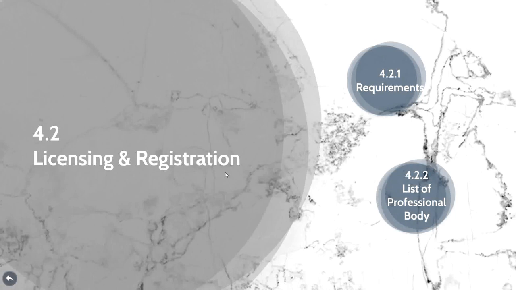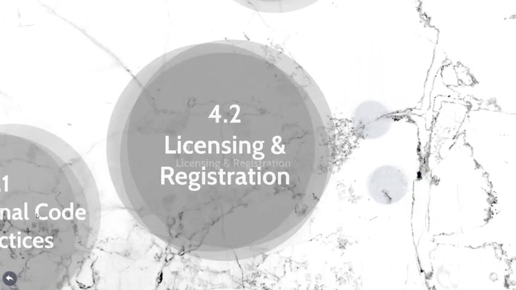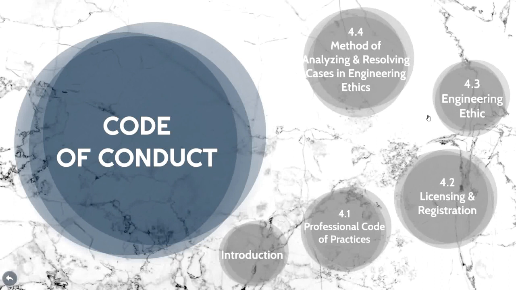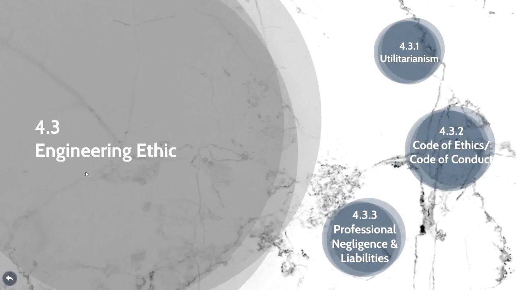Next, moving to another subtopic under Code of Conduct is 4.3, Engineering Ethics. In this engineering ethics subtopic, there will be 3 subtopics that will be explained, which are firstly 4.3.1, Utilitarianism, 4.3.2, Code of Ethics or Code of Conduct, and lastly 4.3.3, Professional Negligence and Liabilities.